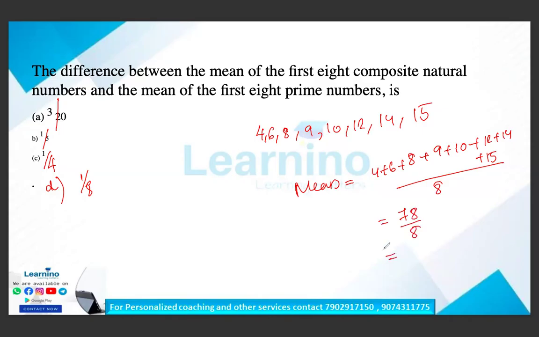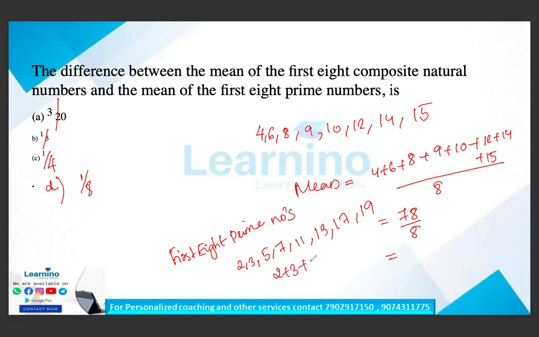So first 8 prime numbers: 2, 3, 5, 7, 11, 13, 17, 19. Answer will be 2 plus 3 plus 5 plus 7 plus 11 plus 13 plus 17 plus 19 divided by 8.